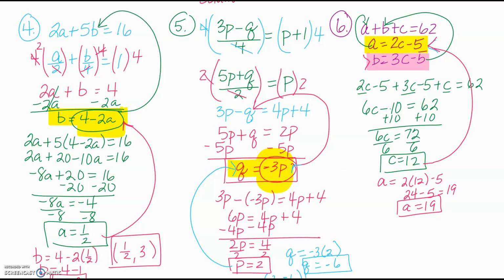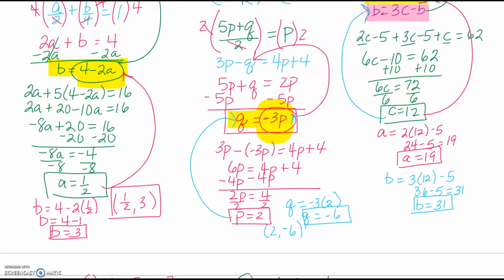And then I will plug in c equals 12 to b to get 3 times 12 minus 5, or 36 minus 5 equals 31. So b equals 31. We can also write this not as an ordered pair, but an ordered triple. So A comes first, B comes second, and C comes last.